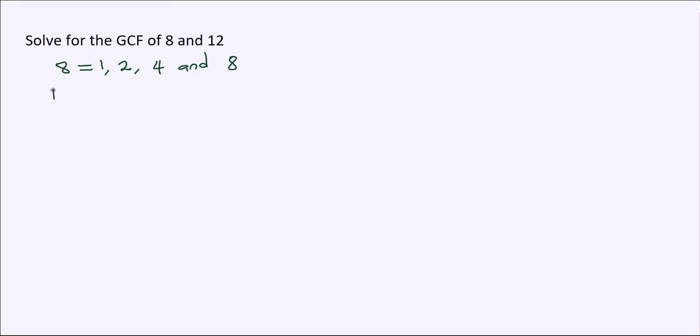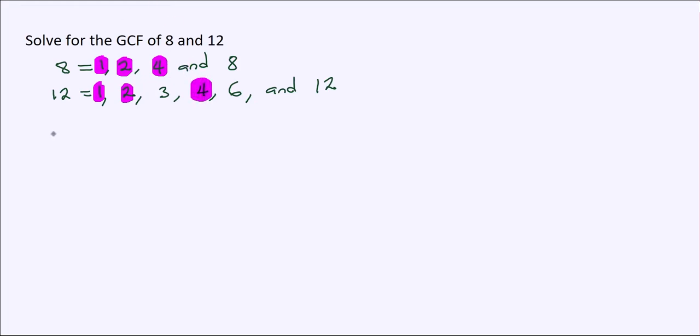Now, let's go for the factors of 12. 1 is a factor of 12, 2 is a factor of 12, 3 is a factor of 12, 4 is a factor of 12, 6 is a factor of 12, and 12 is a factor of 12. Amongst these two numbers, what are the common factors? 1 is common amongst them, 2 is common amongst them, and 4 is common amongst them.